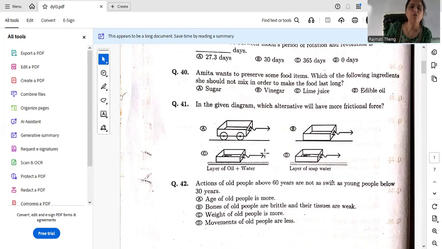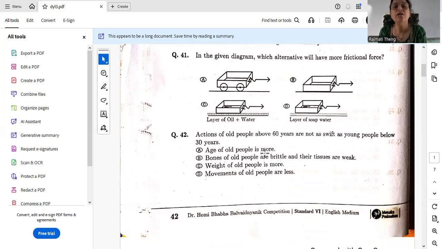Now, question number 41. In the given diagram, which alternative will have more frictional force? Option A, one small matchbox car is given, having wheels. Then option B, directly touching the surface.